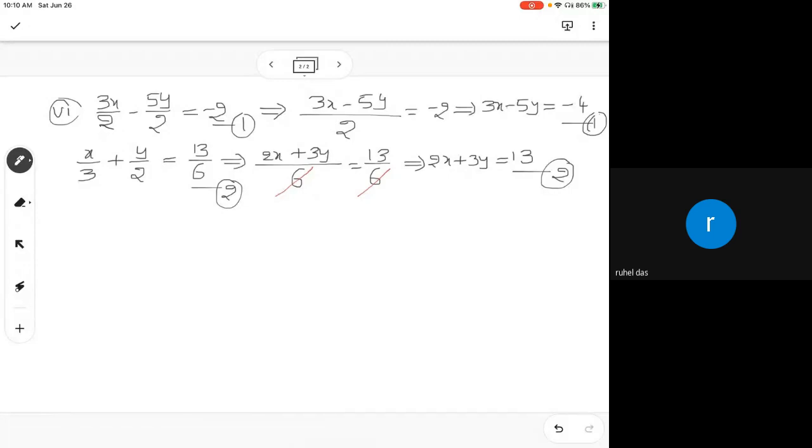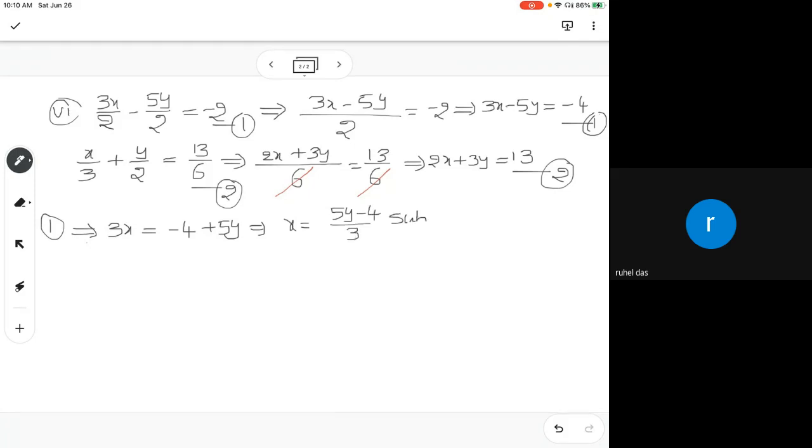Take equation number 1. 3x is equal to minus 4 as it is, plus 5y. From this we get x is equal to 5y, first, then minus 4, by 3.